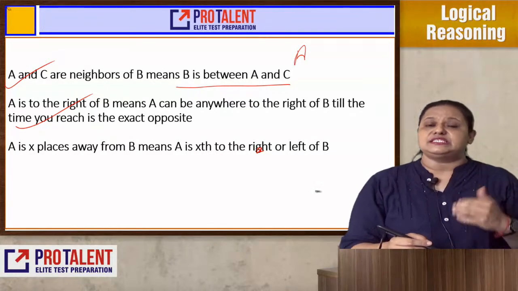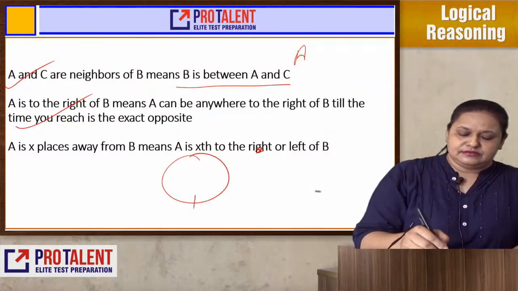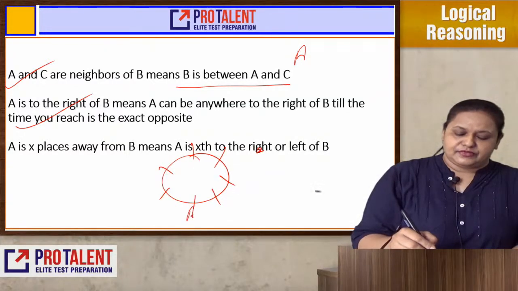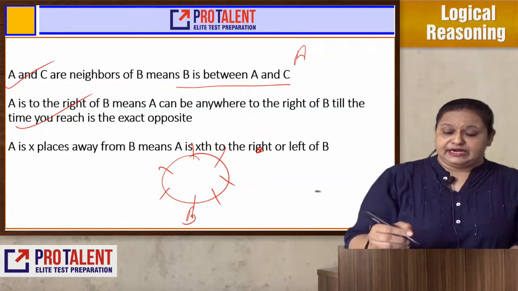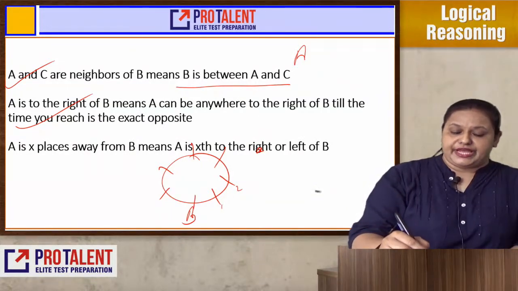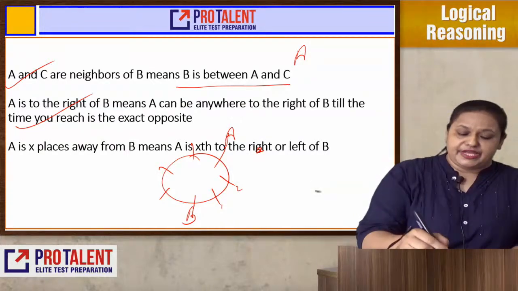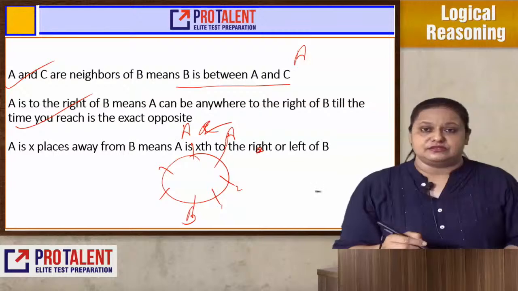Say A is 3 places away from B. It means 1, 2, 3, A can be here, or 1, 2, 3, A can be here. A can occupy either of the two positions.